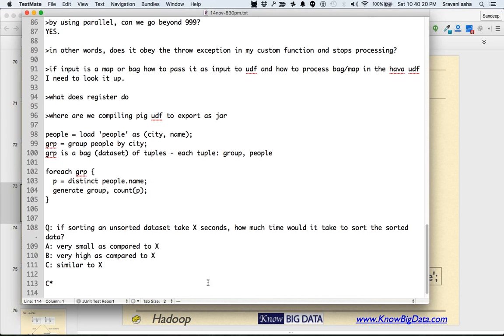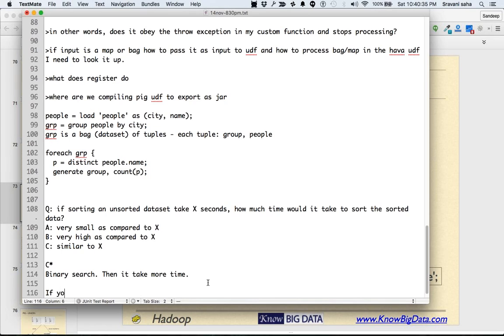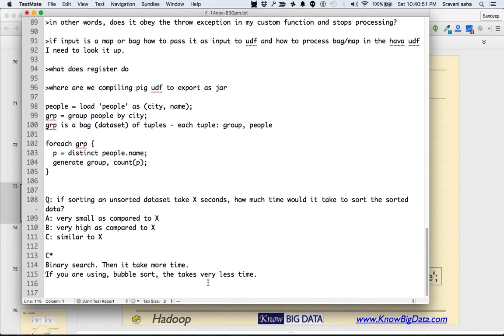If you're using binary search, then it takes more time. But if you are using bubble sort, it takes very little time. But nobody in the industry uses bubble sort actually.